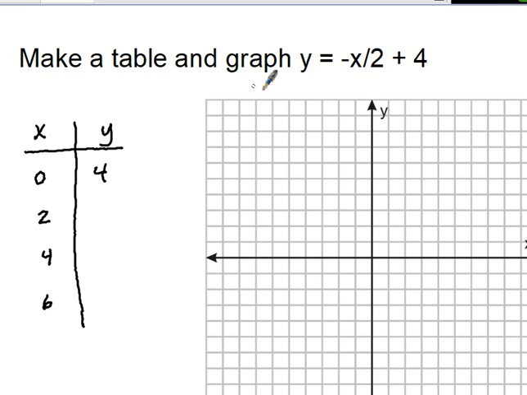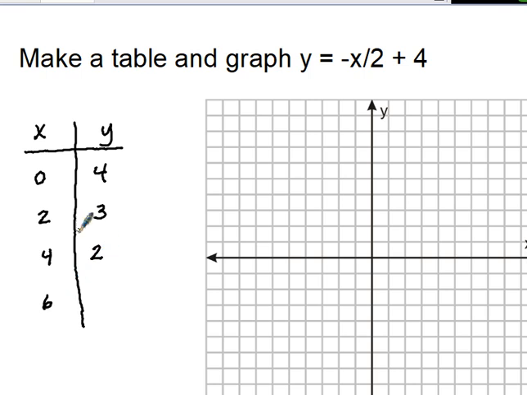When I put the input 2 in for x, that would be a negative 2 divided by 2 gives me a negative 1, plus 4 gives me an output value of 3. Now I'll put in a 4 for x, which becomes negative, so negative 4 divided by 2 gives me negative 2, plus 4 gives me a positive 2 as an output value.